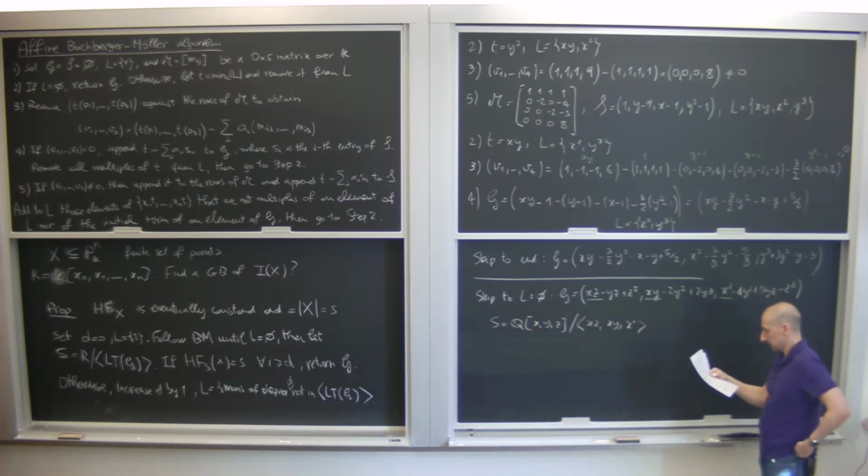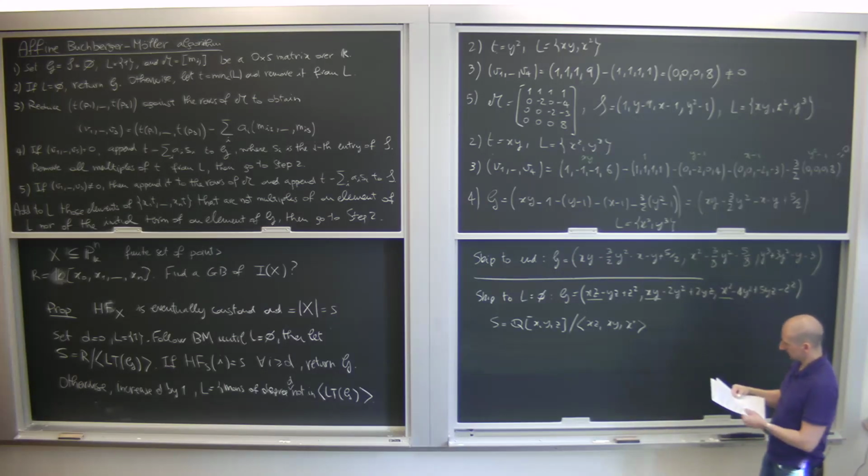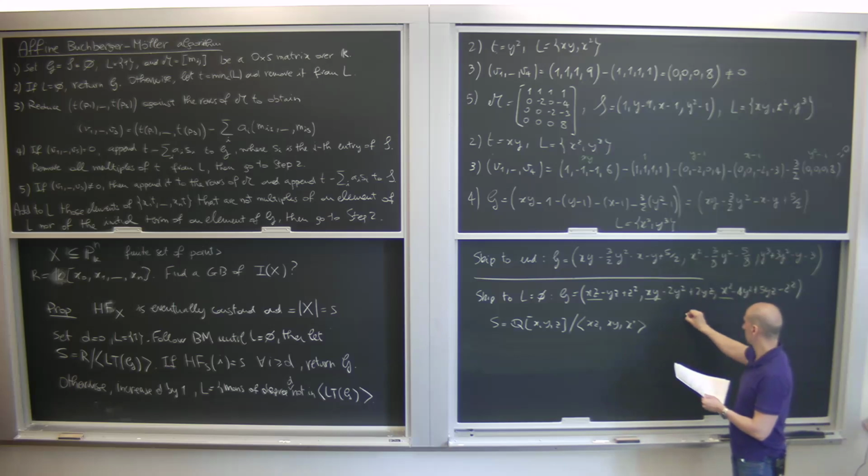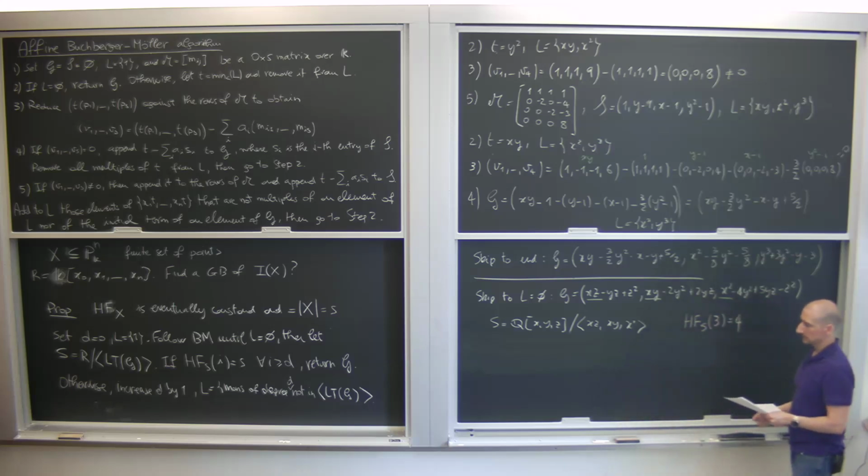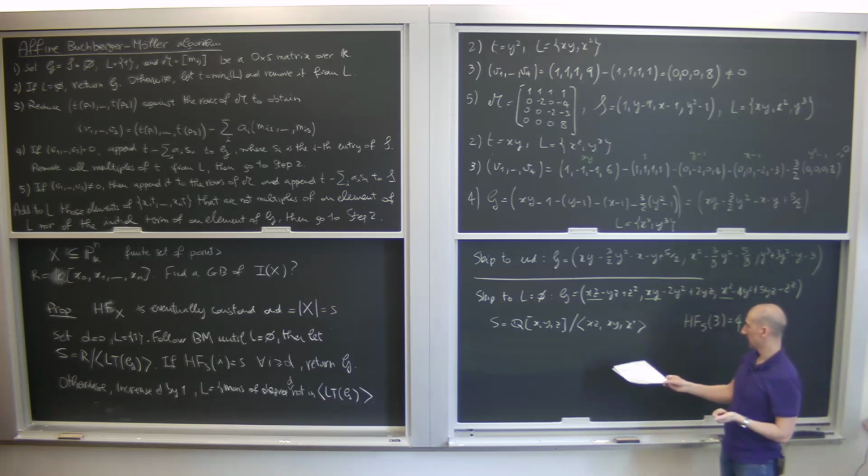So if you mod out by the initial ideal, then you get a quotient that has a Hilbert series or a Hilbert function that in degree 3 is equal to 4. Let's see if we can find what survives in degree 3 that's not a multiple of these. I guess you have Y cubed and Y squared Z and YZ squared and Z cubed.